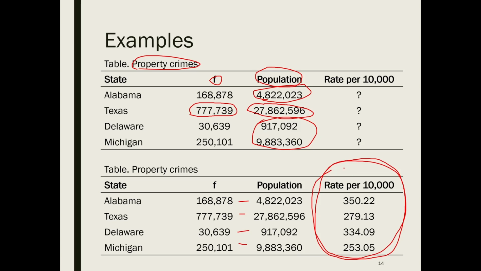Now, when you control the population, you can see that Texas is not really the worst place for property crime, right? Just based on the rate, Alabama may have the highest property crime rate among the three or four states, right? Or even Delaware is ranked second. Texas is only in third place.